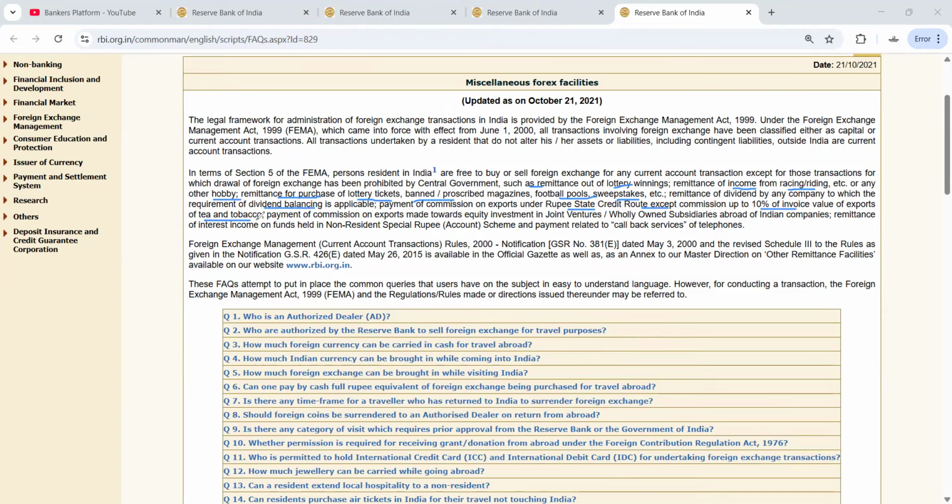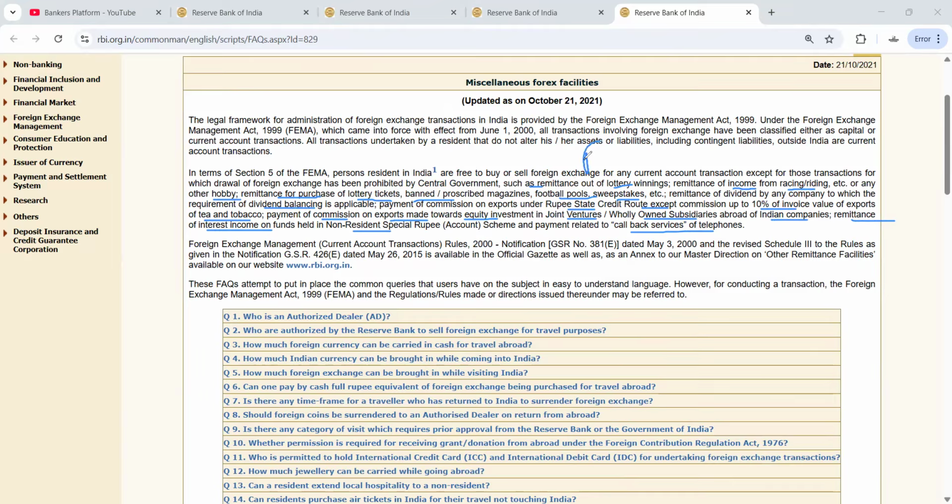So these are the different things for which the payment cannot be made. Payment of commission on export made towards equity investment in joint venture or wholly owned subsidiary abroad of Indian companies, remittance of income on funds held in non-resident special rupee account scheme, and payment to a callback service of telephone. So these are the various things for which the transaction is prohibited.